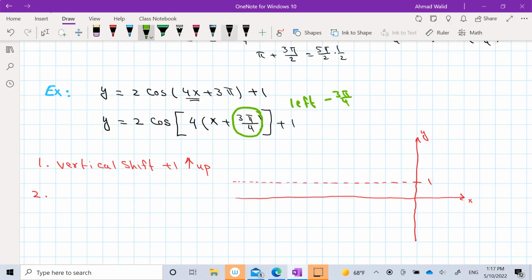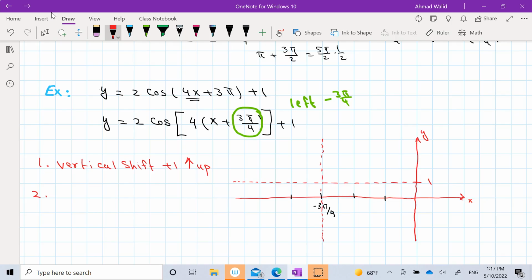Correct? If I mark here, negative 3 pi over 4 is here. I will draw here my horizontal shift.